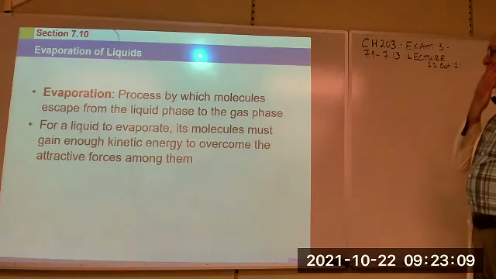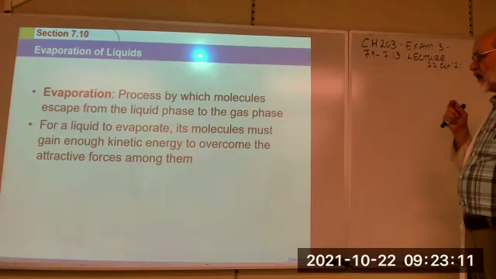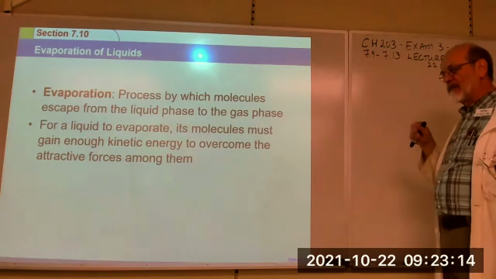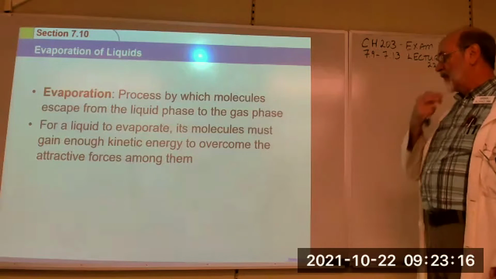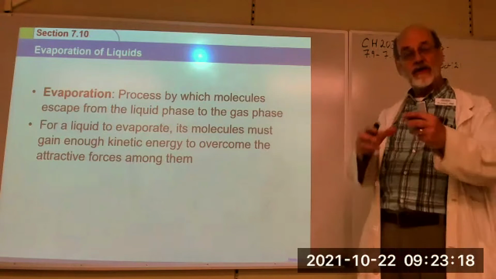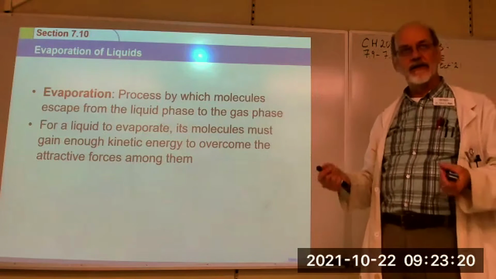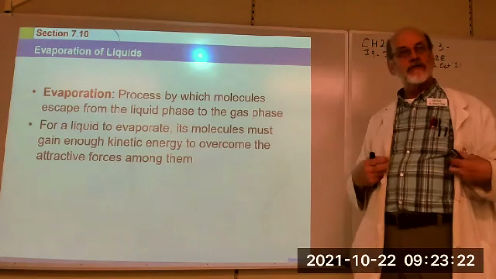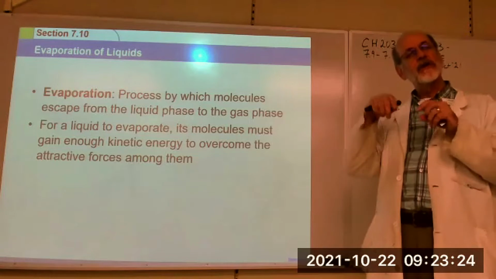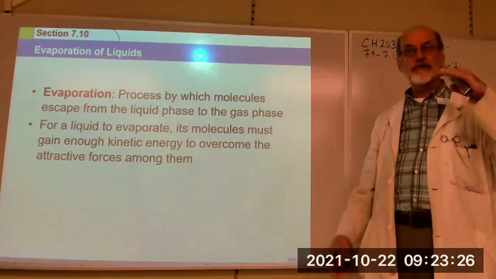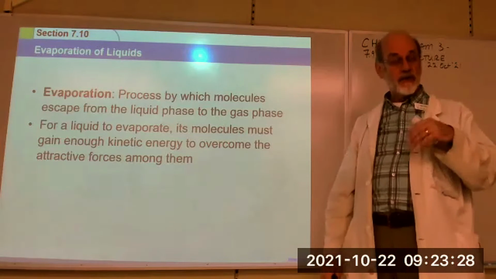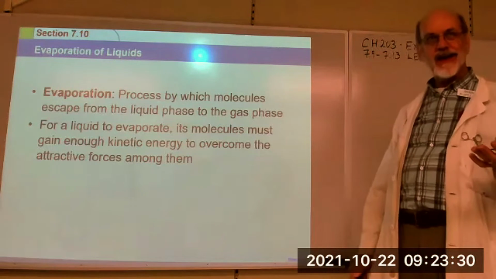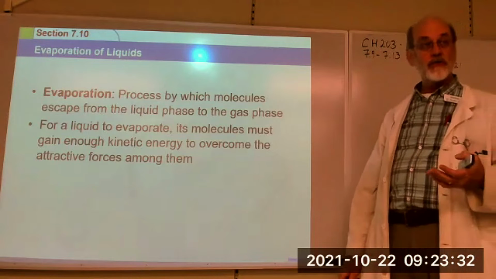Let's see. So if you're going to evaporate a liquid and make a gas out of it, that doesn't mean you have to flash the whole amount of liquid into a gas instantly. The conversion from the liquid to the gas occurs at its surface, right? So remember, liquids have to be in a container of some kind. They can't hold their own shape.